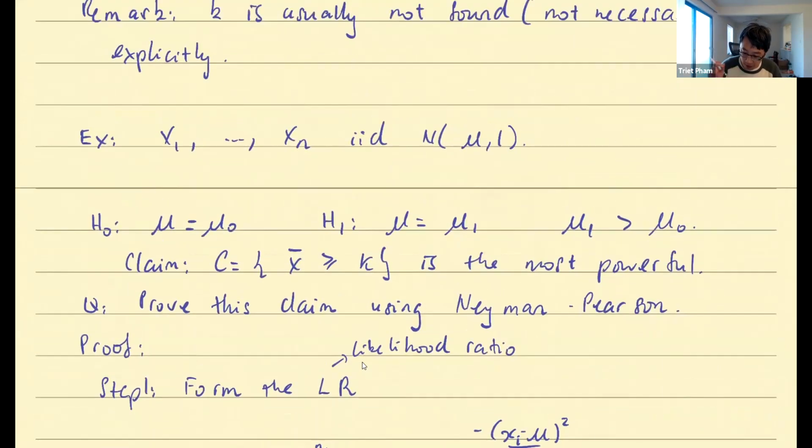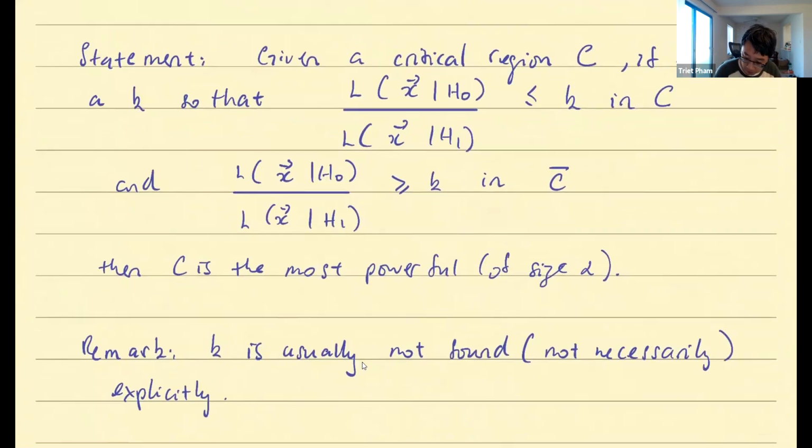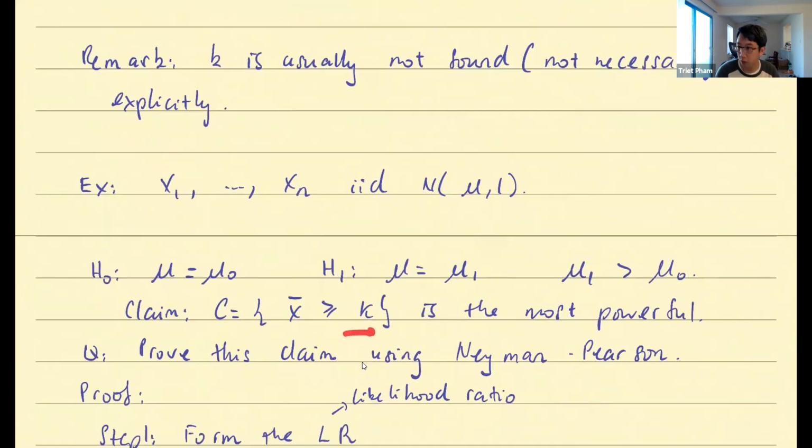Maybe I should say several more things. Don't confuse this big K with the small k in Neyman Pearson, all right? This is the K of the likelihood ratio. This is the big K about rejection region. They're not the same, although they are related.